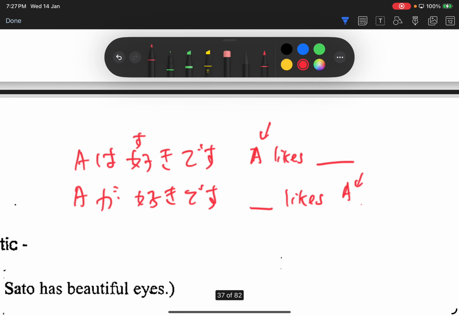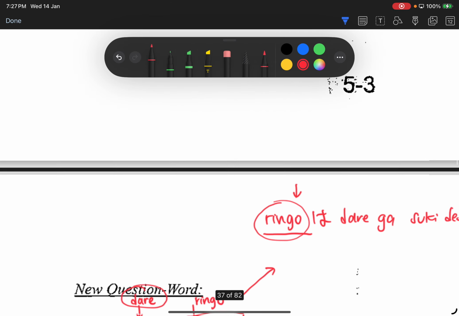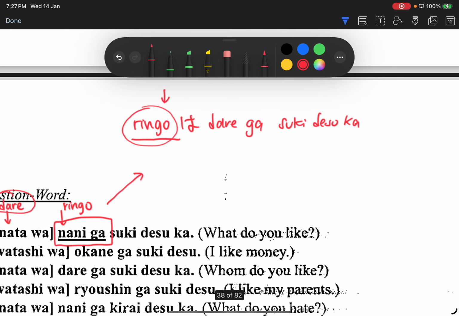I know. Just now I said already, right? The A likes something, B something likes A. Okay, this one will come into place when we have something else. But in this case, we want to ask who likes apple, and we know the apple is a fixed item. We are going to talk about apple. So the entire sentence is about apple. So we can make apple the subject. Instead, the one that we don't know, we leave it as the secondary subject, which is the object.